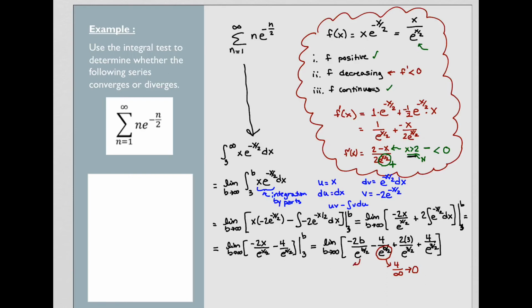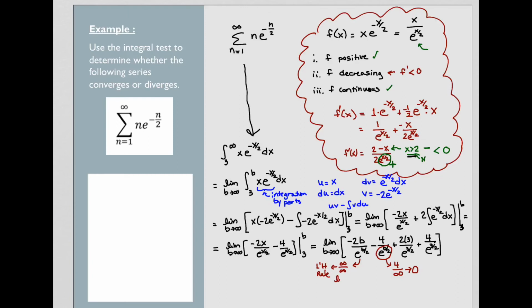What about this first limit with b's? Well, notice if I plug infinity in, I have infinity over infinity, which is a classic example for L'Hopital's rule. So I'm working backwards here, but we're going to apply L'Hopital's rule, which means we're going to take the derivative on the top and the derivative on the bottom.